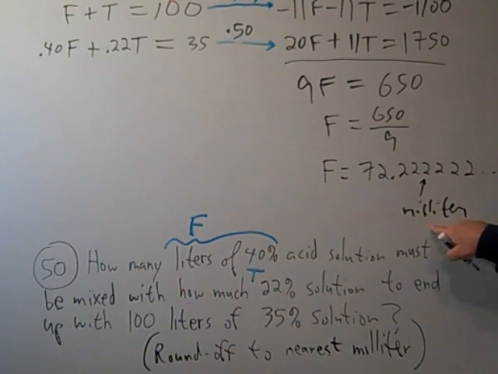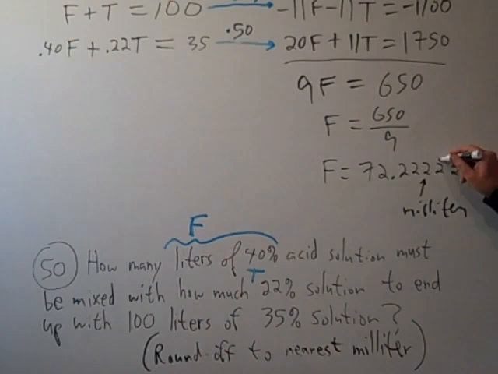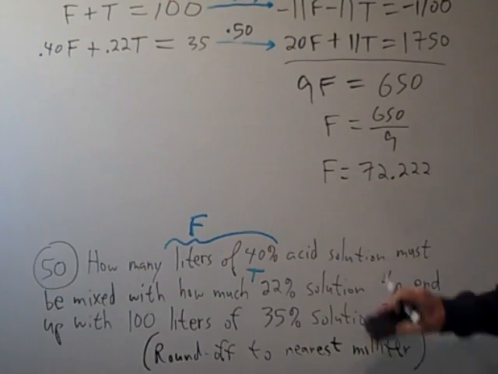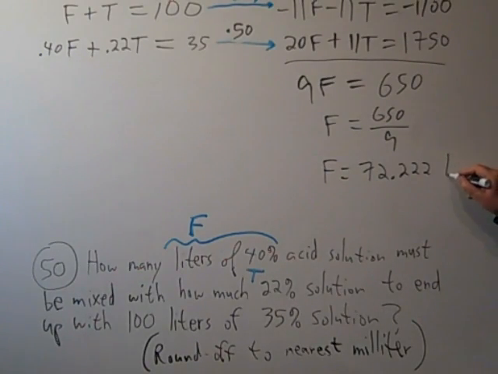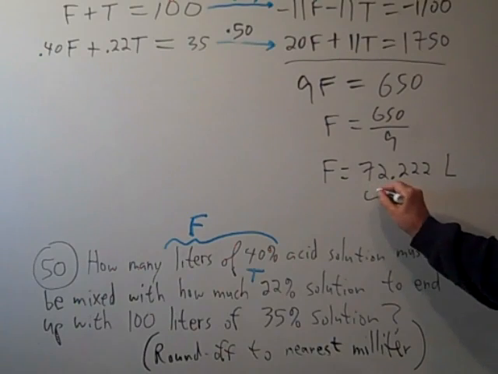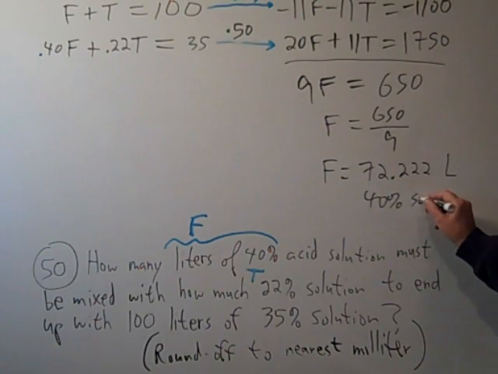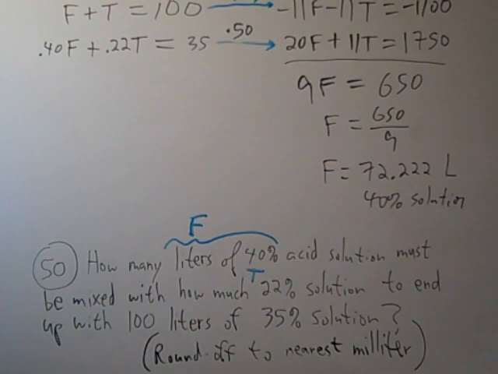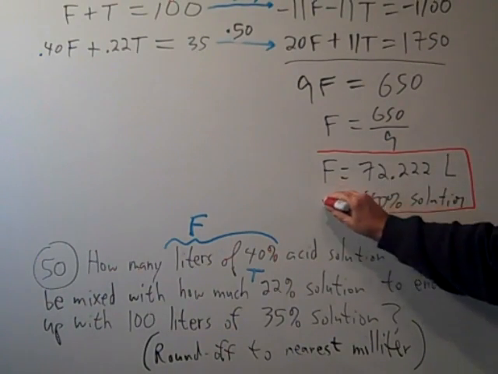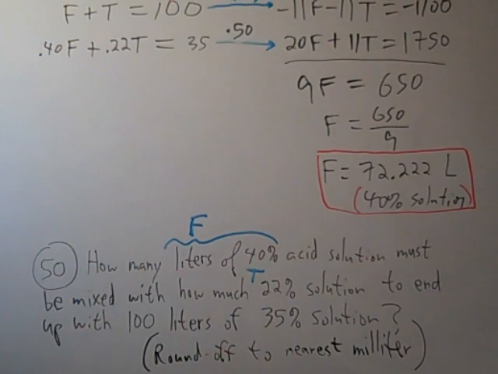Milli stands for thousandth. So the next digit over is a 2. We don't have to round up because 2 is less than 5, so we just truncate it there. And that's how many liters of the 40% solution that we have to mix, rounded to the nearest thousandth of a liter, or the nearest milliliter.